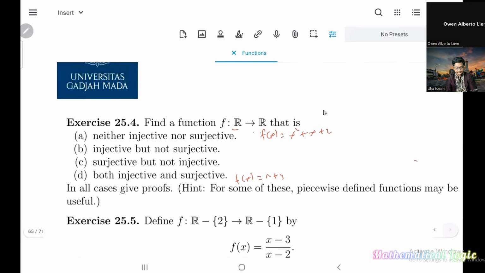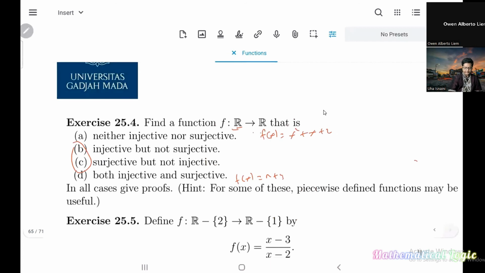And then, anyone know how to define the injective but not surjective? For this one, the domain is the set of real numbers and also the codomain. Any idea?